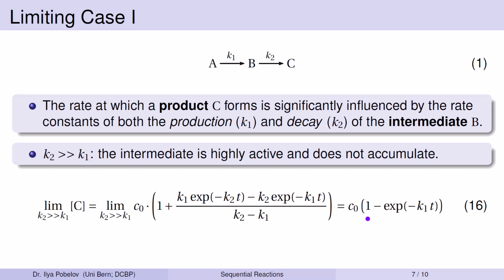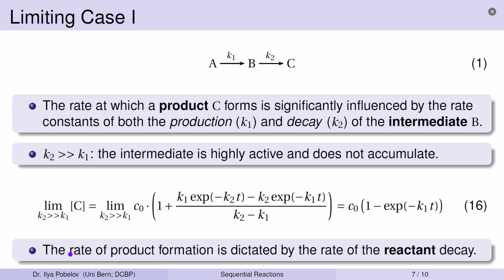In this limit, the time-dependent behavior of the product concentration mirrors that of a first-order decay process of the reactant A. This means that under these conditions, any intermediate that forms is rapidly converted into the final product. Consequently, in this limit, the overall rate of product formation is primarily dictated by the rate of the reactant decay.